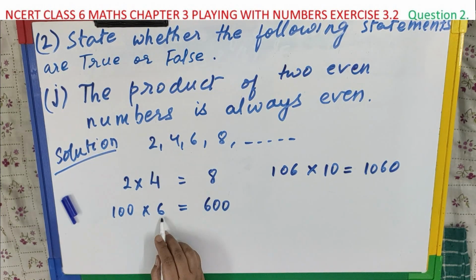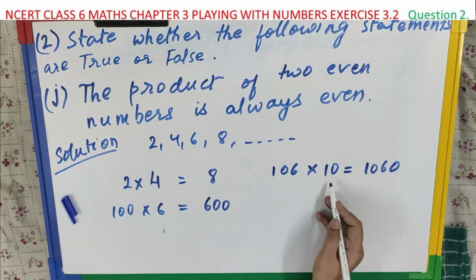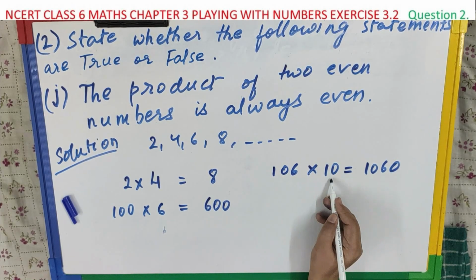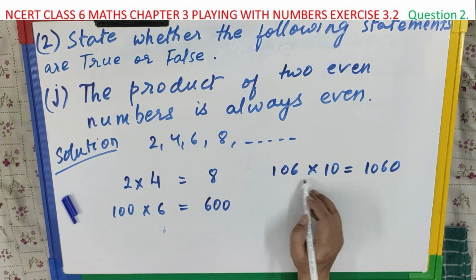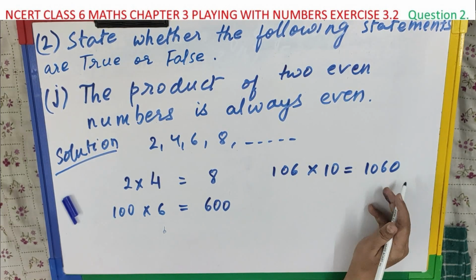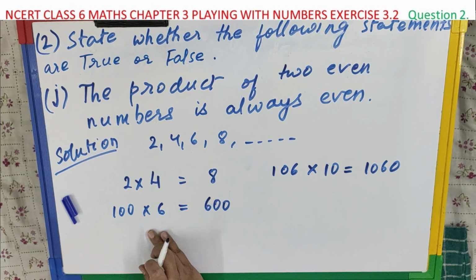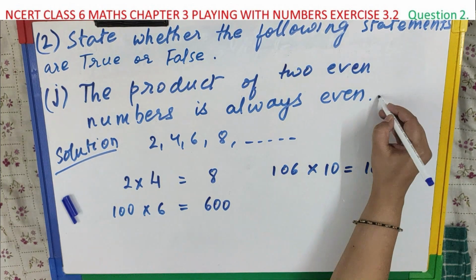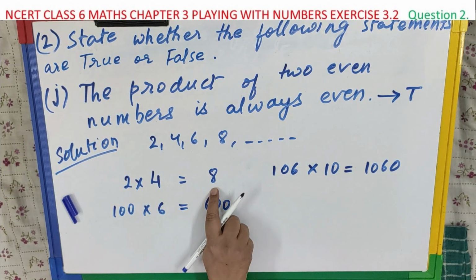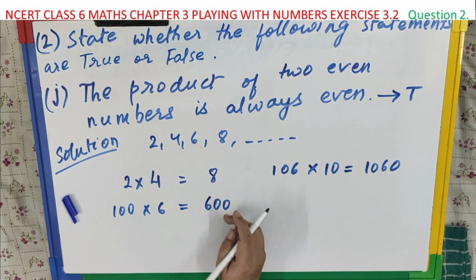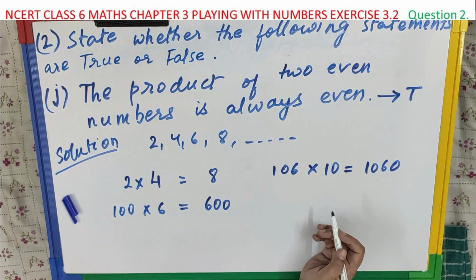It means the result of that multiplication is an even number. So what can we write? Yes, it is a true statement. The product of two even numbers is always an even number. We have checked with 3 different examples.